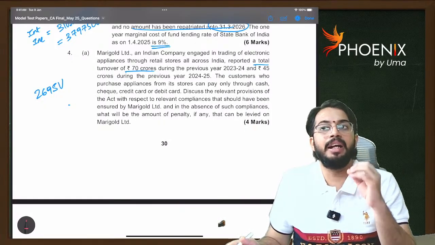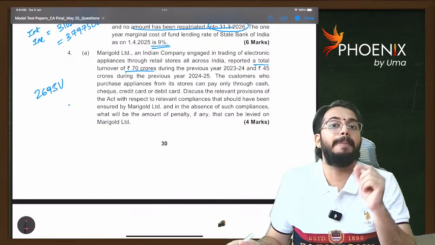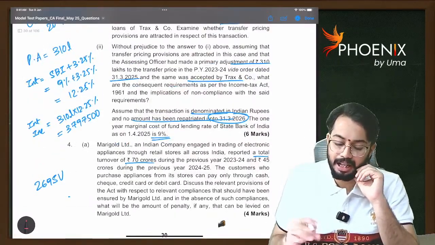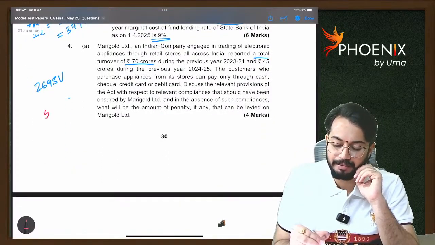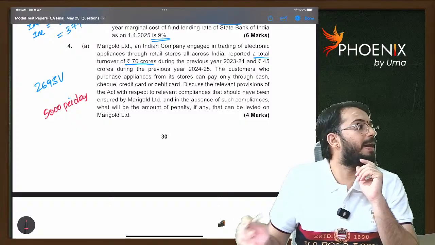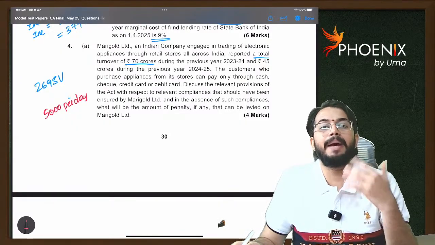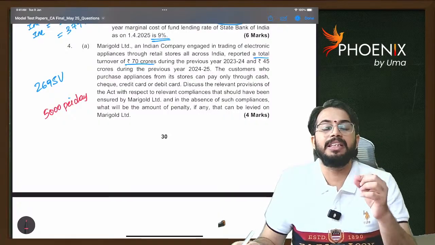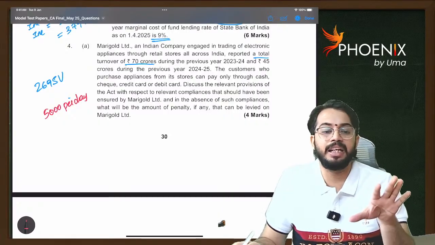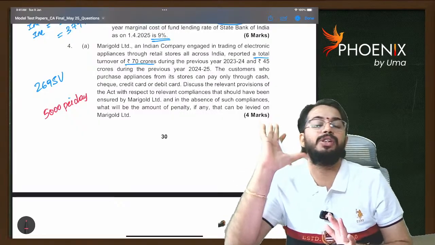If debit card, credit card mode is not provided, UPI mode is not provided, then penalty will be levied. Penalty is 5,000 rupees per day. But penalty will not be levied if the person shows sufficient reason. Otherwise, penalty will be levied at 5,000 rupees per day.